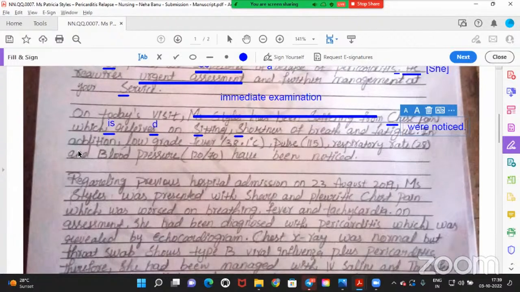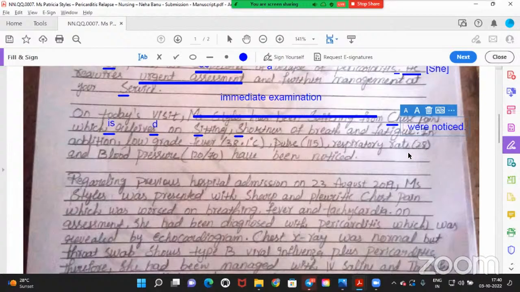So, in addition, why this ADD? It looks like AOBL. Why are you joining all the letters? In addition, comma, low grade fever, pulse, respiratory rate, and blood pressure have been noticed. So pulse has been noticed.